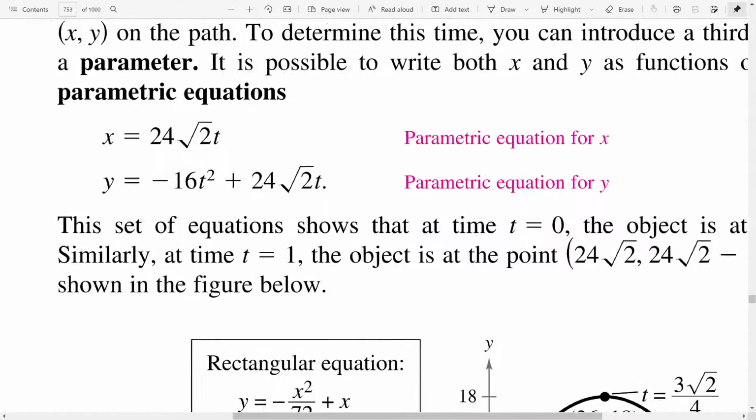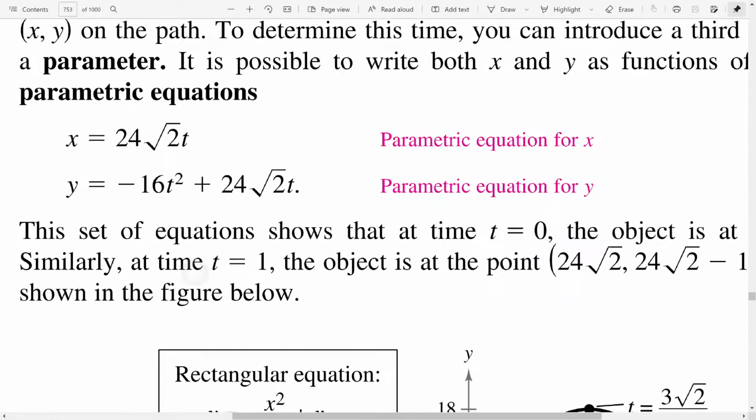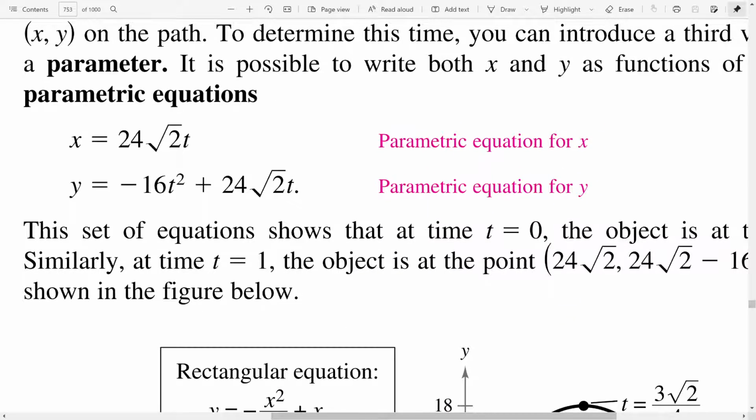In this case, we have two of them because we're only dealing with x and y in a plane. If we were talking about 3D space, you would have x, y, and z, so you can have more than two parametric equations depending on the situation. But here you see how they came up with a parametric equation for x and a parametric equation for y.